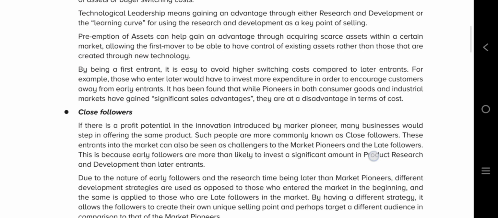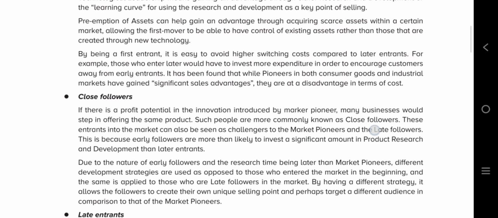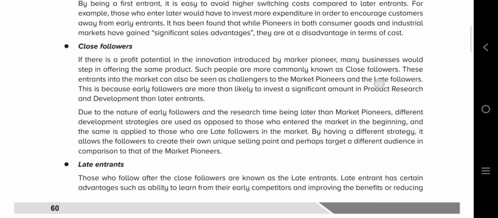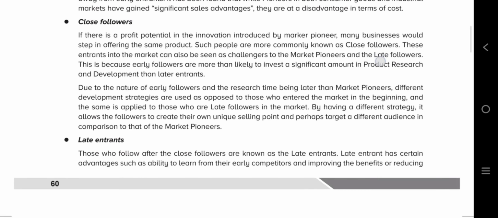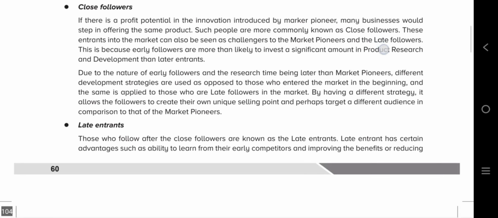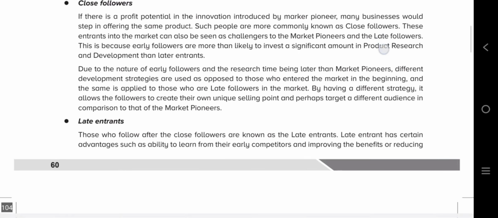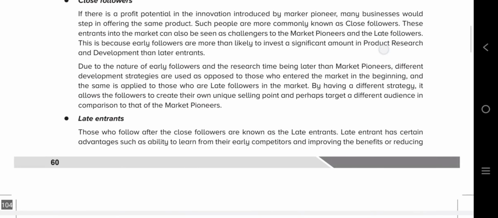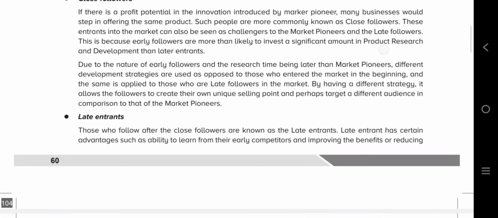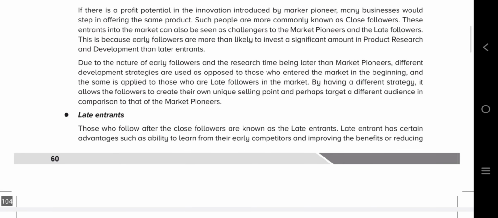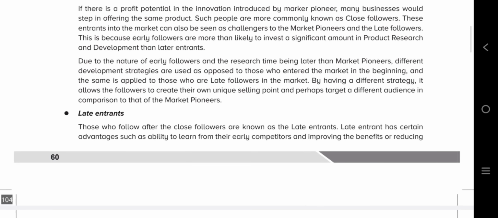Like our learning curve with Instagram: we use it repeatedly, so we know all the features. In companies also, by repeatedly doing R&D they become experts. These are the pioneers at the starting stage.